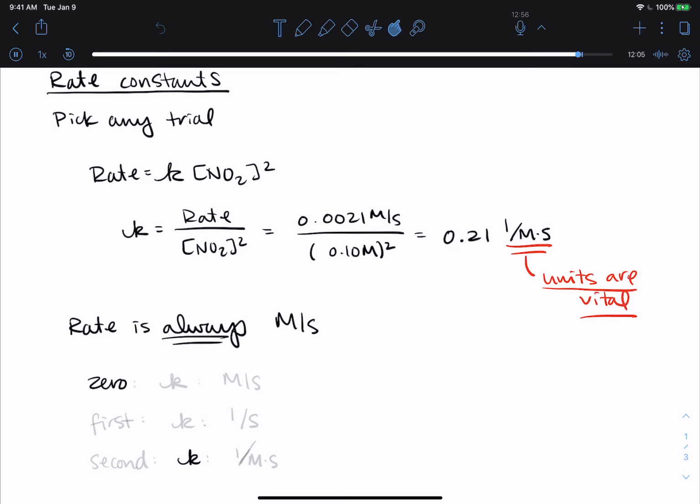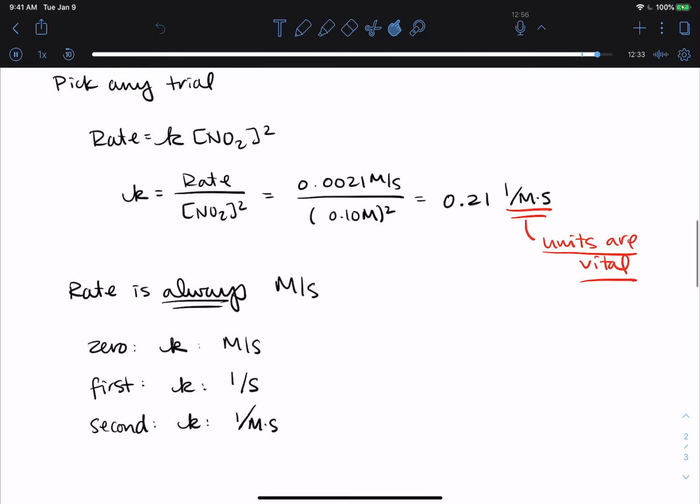So for something that is 0 order, K will have units of molarity per second. For something that is first order, K will have units of 1 over seconds. And then second order, which we've just seen, K will have 1 over molarity times seconds, and so on.